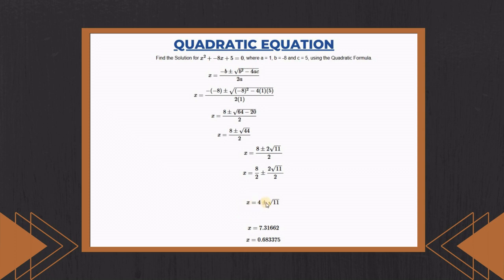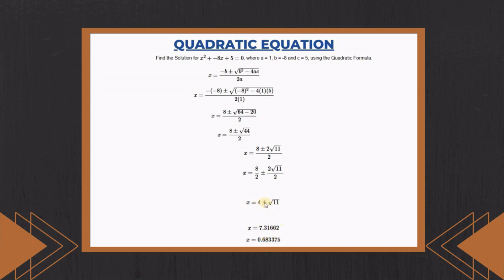So x is equal to 4 plus or minus the square root of 11, which we just found was 3.32. So you add 3.32 plus 4, which gives you 7.316, and I round it off. And then 4 minus 3.32 gives you this value.